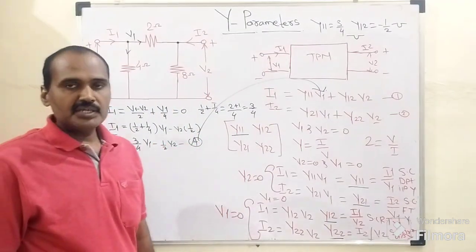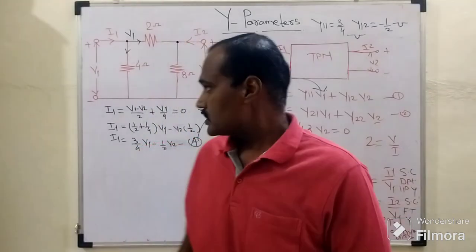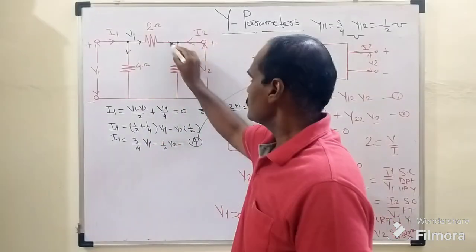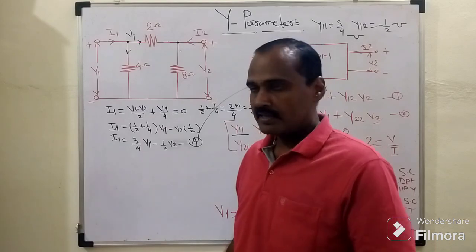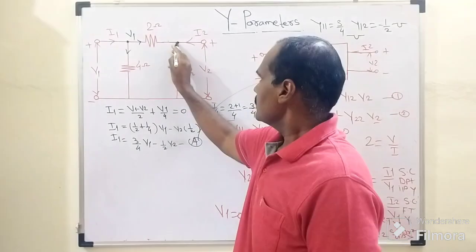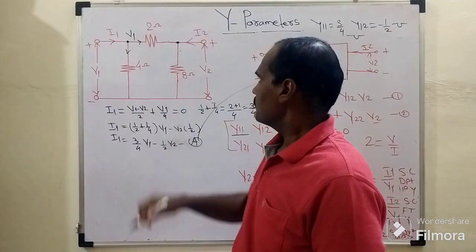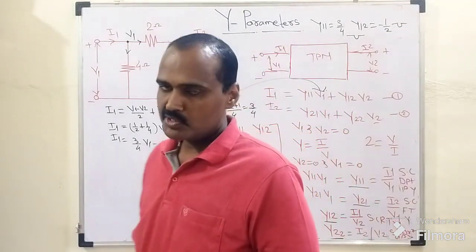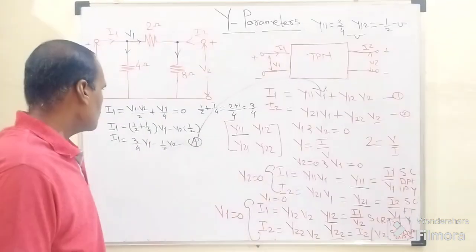In the same way, we need to apply Kirchhoff's current law at node number 2, which again consists of three branches 1, 2 and 3. Out of those three branches, this current is incoming to the node, this current is also incoming to that node, and this is the outgoing current. Again, the summation of incoming equals the summation of outgoing current.